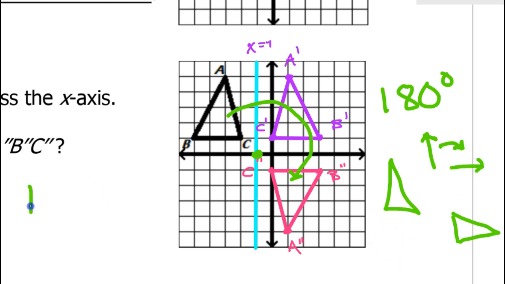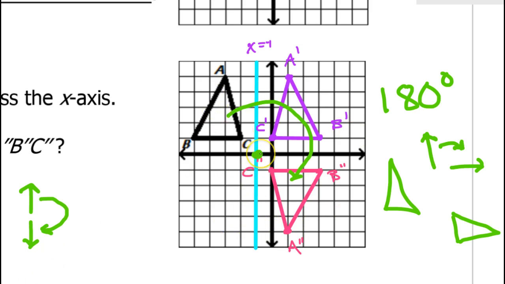But if you have an arrow that's facing up and then you rotate 180 degrees, then the arrow is going to end up facing down. So that's what's happening here. A is pointing up, now A is pointing down. This is a 180-degree rotation.